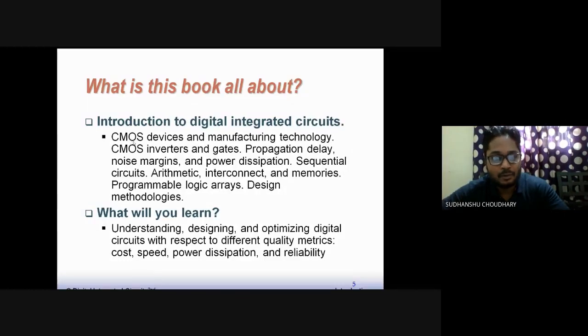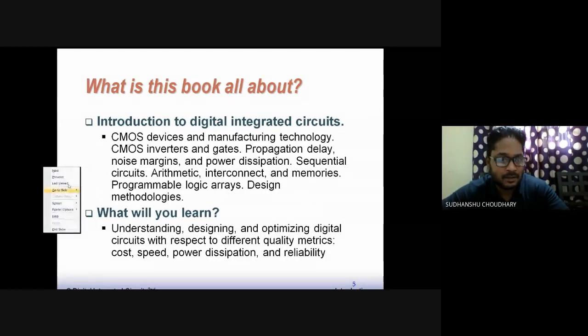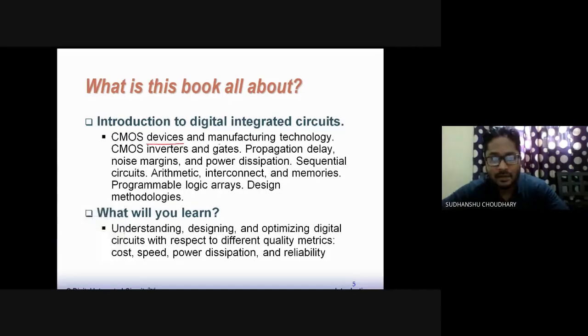So in this course you will learn about CMOS devices and the manufacturing technologies, that is, how to manufacture these CMOS devices. Manufacturing technology is very important, because until and unless you have a manufacturing technology, or what we call process technology, you cannot think of designing and then fabricating an integrated circuit.